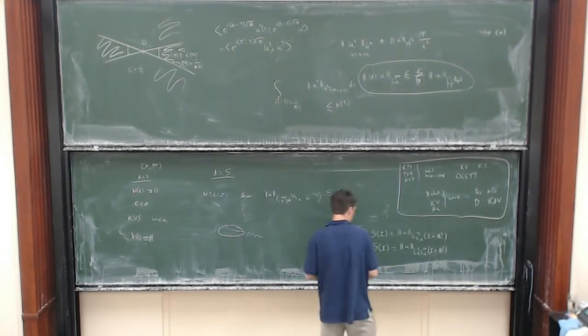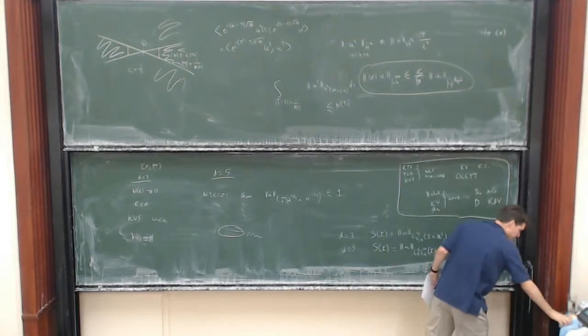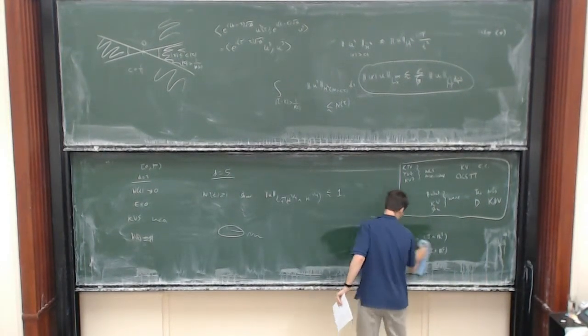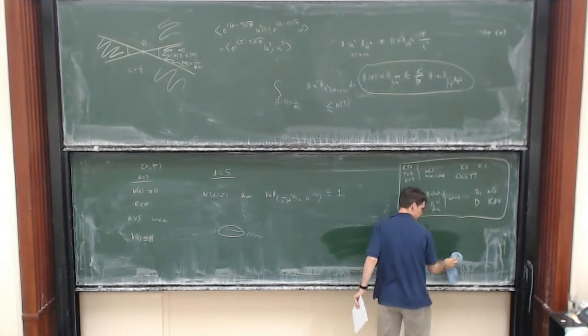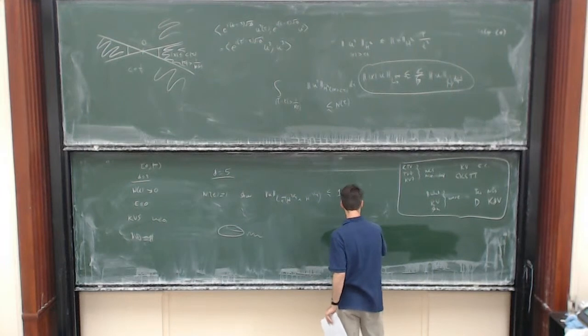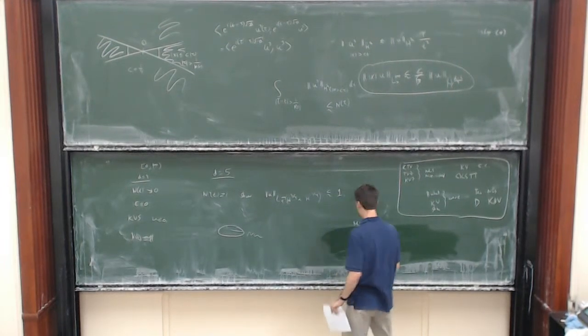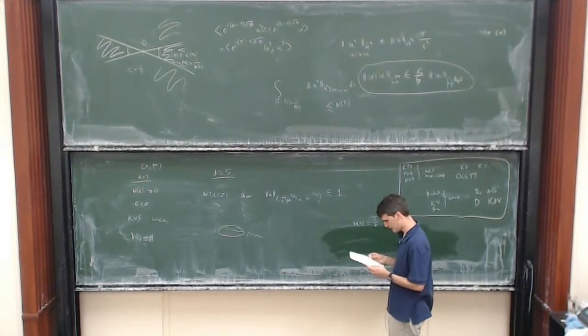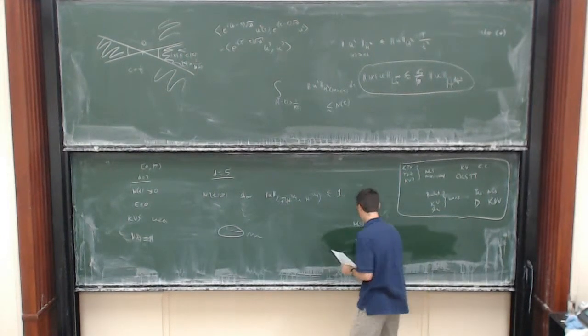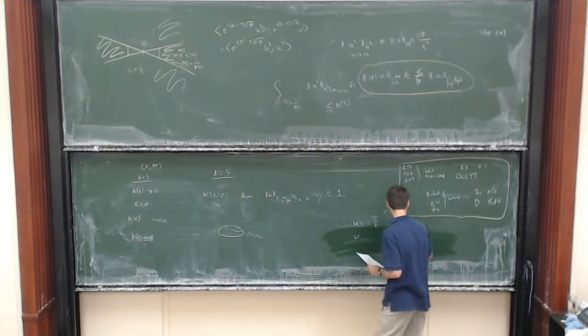In the case of the self-similar solution, you use another argument of Duyckaerts, Kenig and Merle.